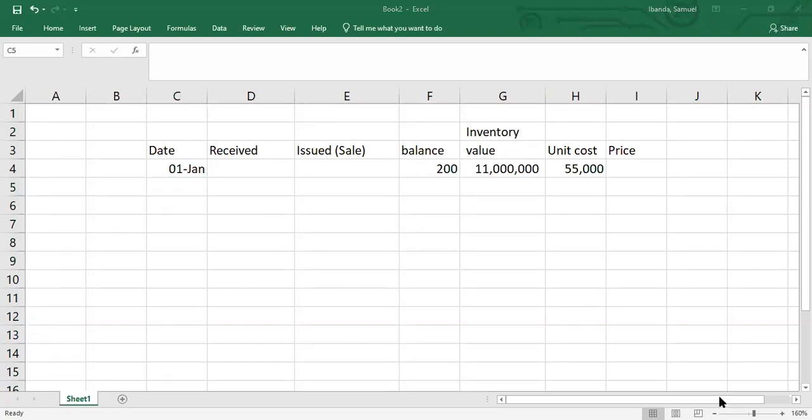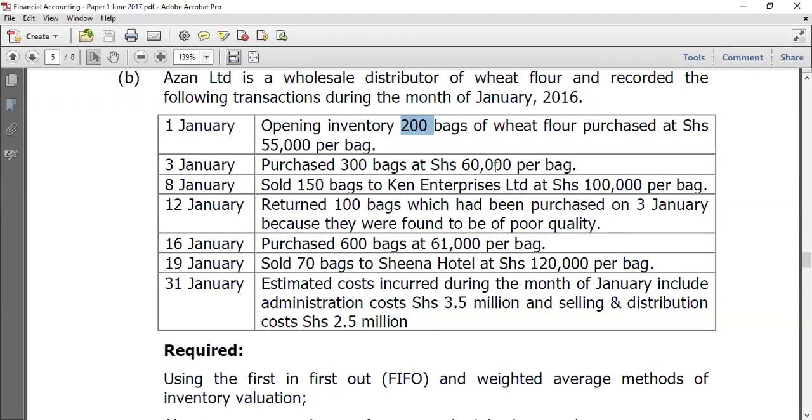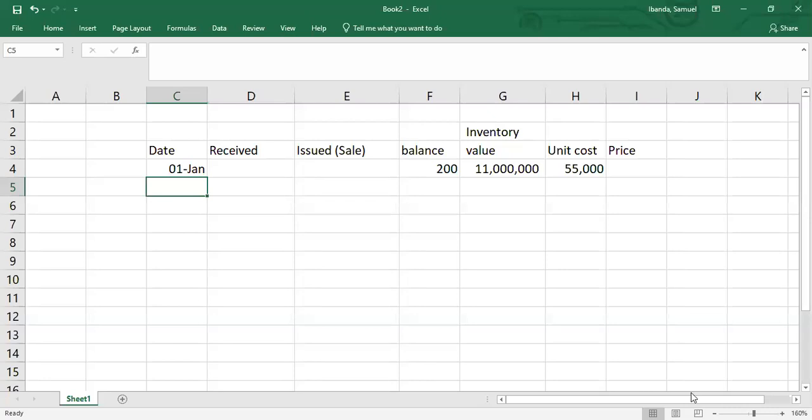Let's try to record the second transaction. The second transaction says that they purchased 300 bags at 60,000, so that's a receipt. The date is also key.